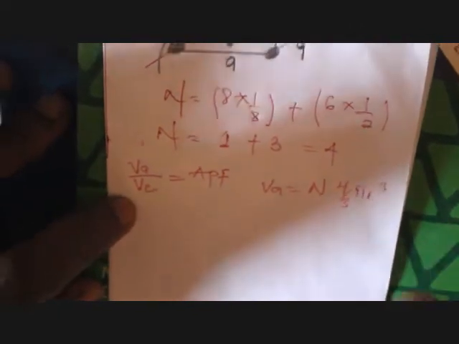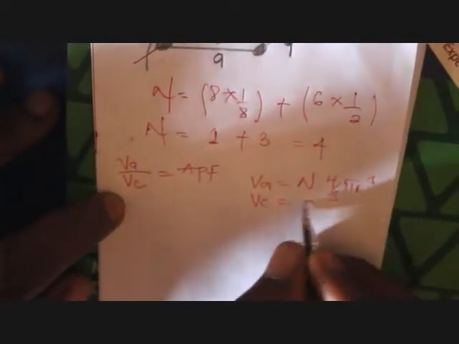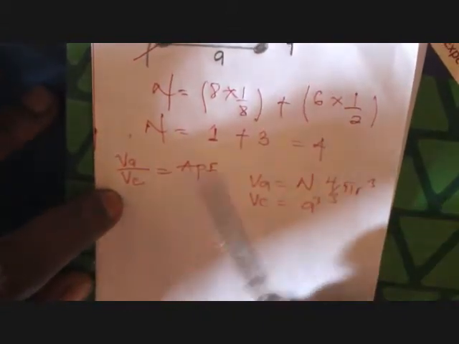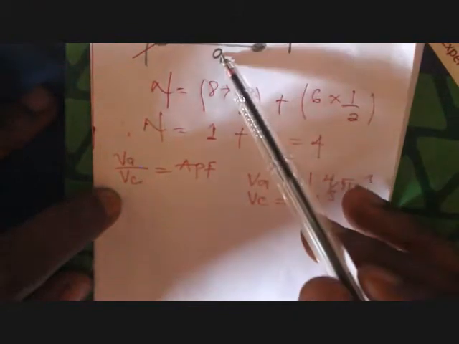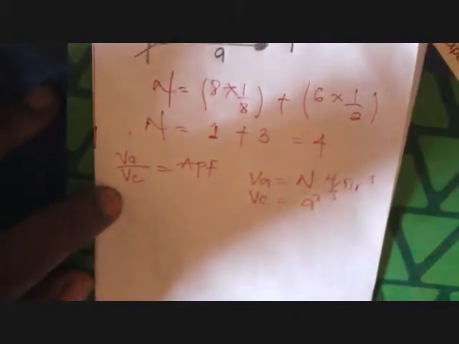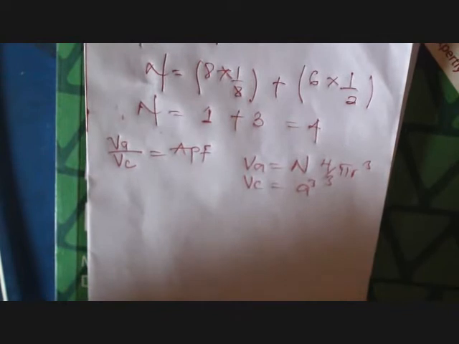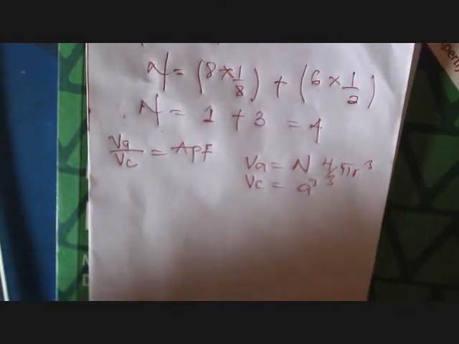And then VC is equal to a cube, since the volume of a cube is a times a times a, which is equivalent to a cube. So our aim is to find the relationship between a and R.